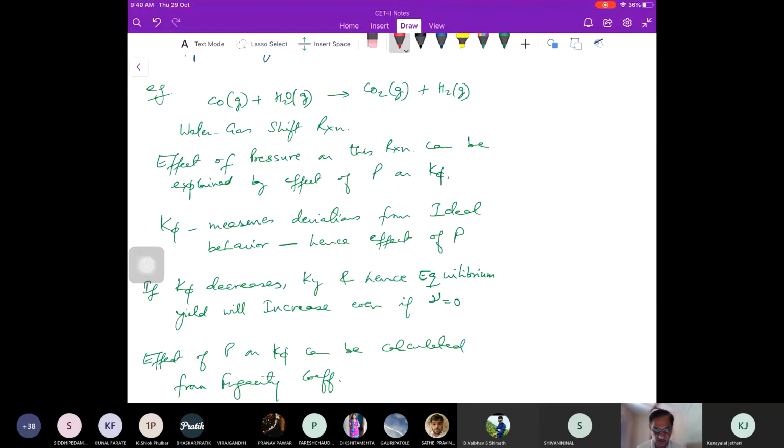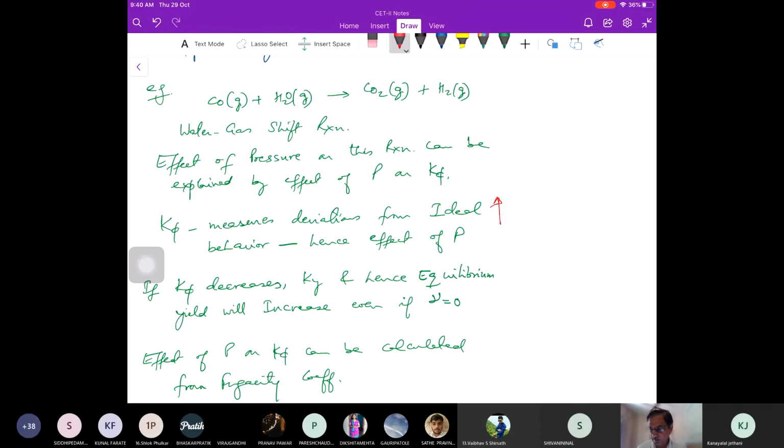For an ideal gas there will be no effect, but if the pressure becomes very high, then ideal gases cannot be assumed, and that will come through K phi, the fugacity coefficient, right?